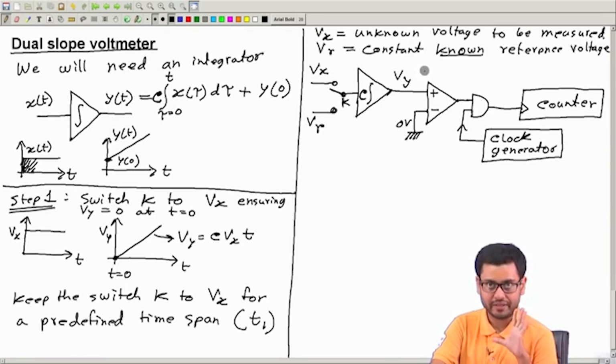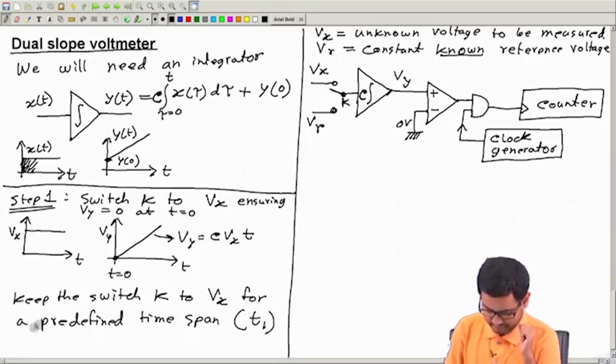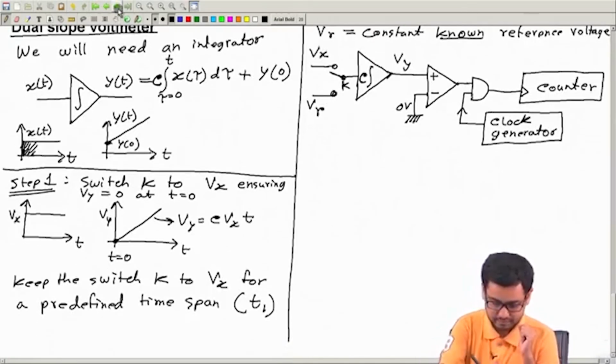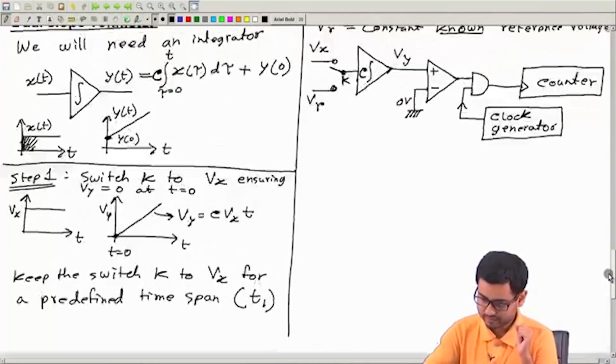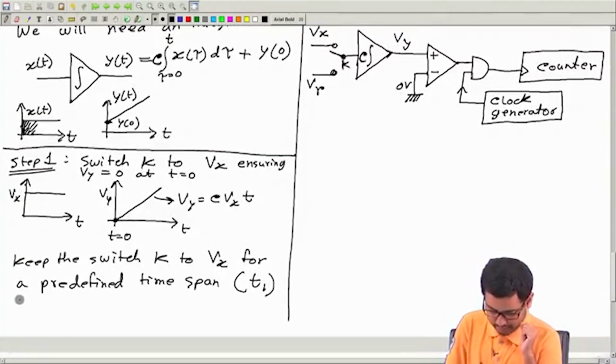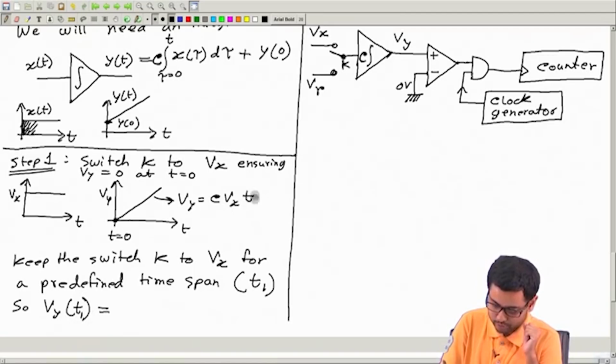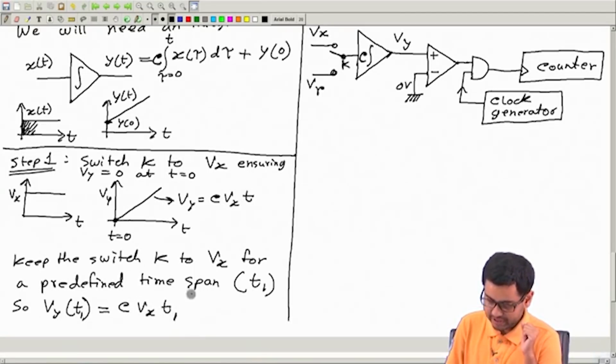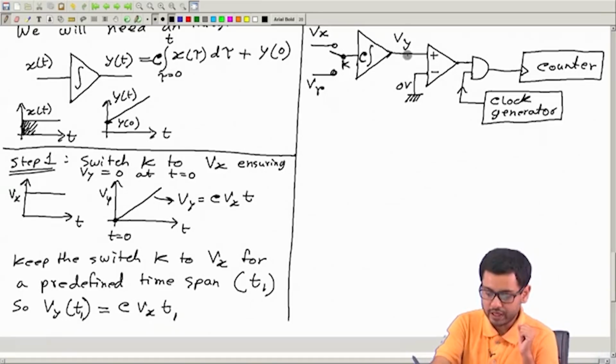After that we are going to stop it. Vy at time T1 will become C Vx T1. So this is how much this output will grow in time T1.